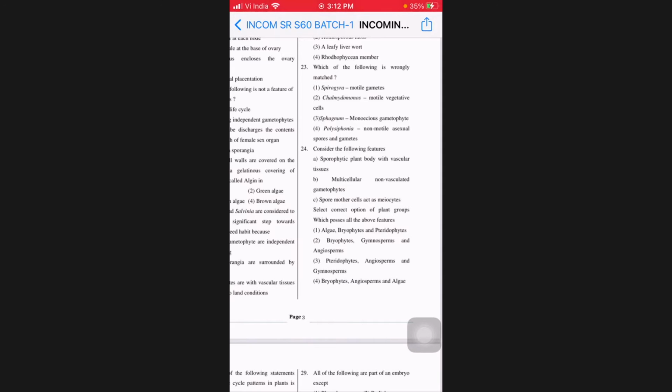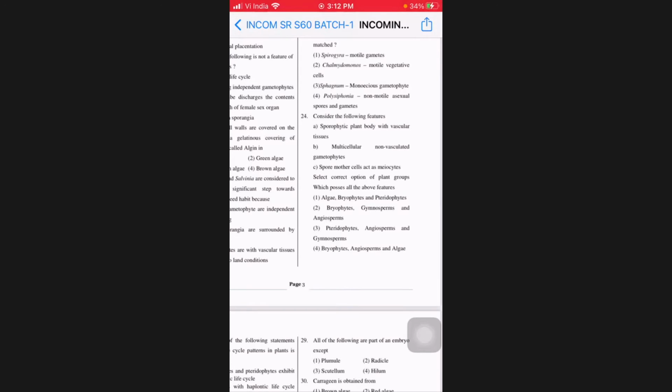They are even in bryophyta also, multicellular non-vasculated gametophytes. Bryophyta onwards, they are there. But sporophytic body with vascular tissues means pteridophyta to angiosperms. Then spore mother cells act as meiocytes, correct, pteridophyta to angiosperms. Third option.